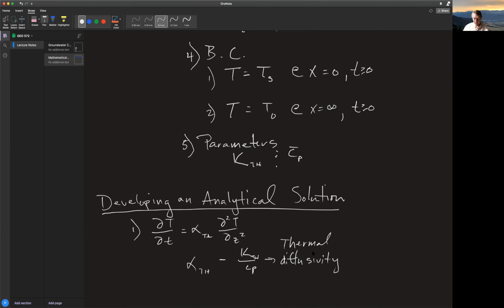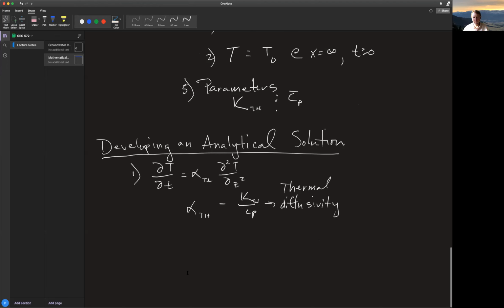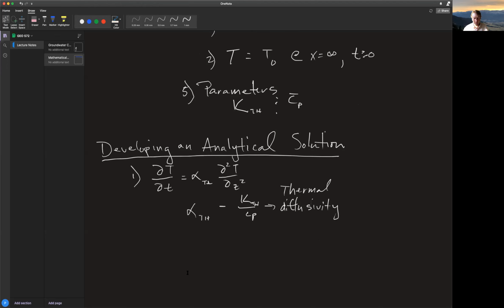Remember this: conductivity over storage gives us diffusivity. So we're going to solve this equation using a process called similarity.